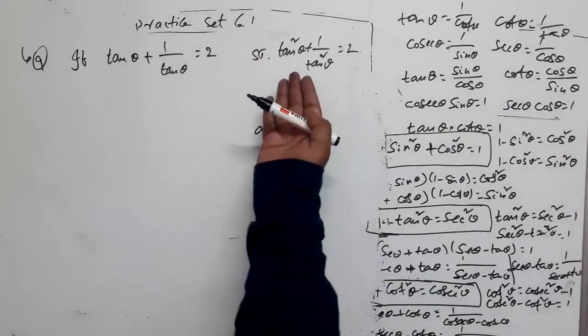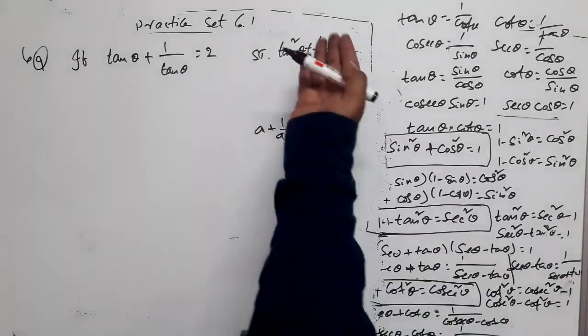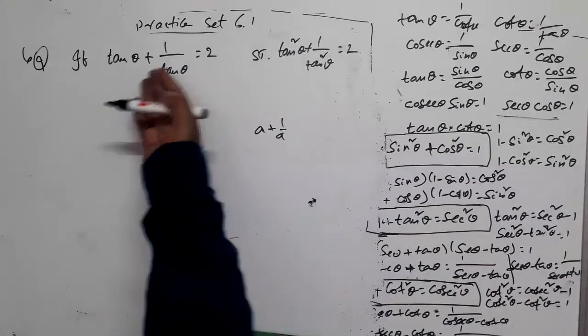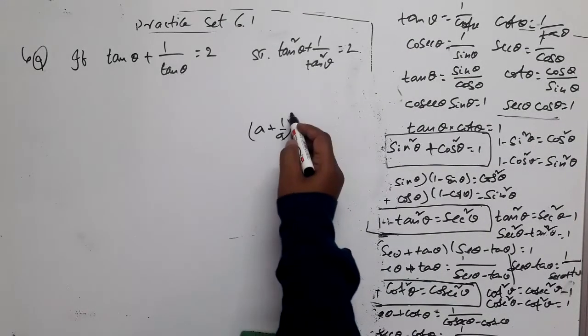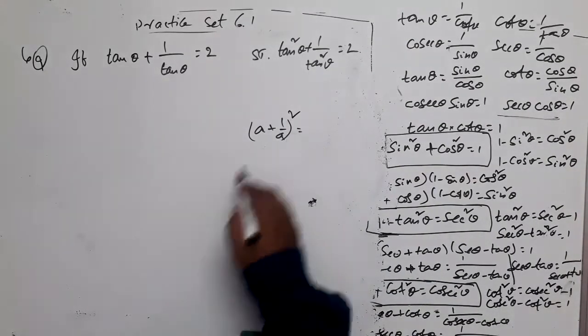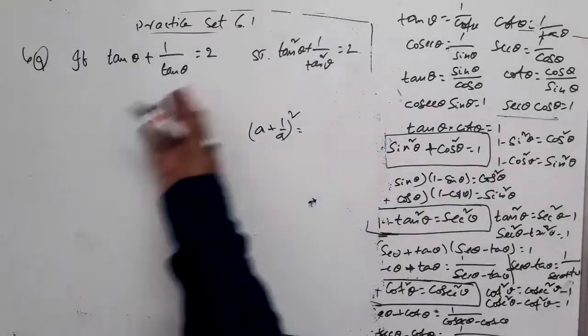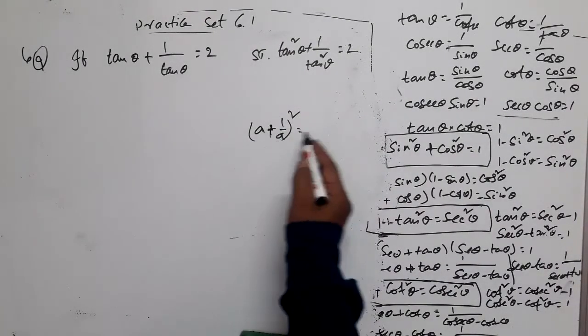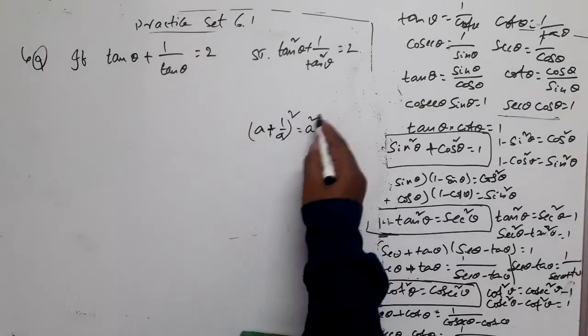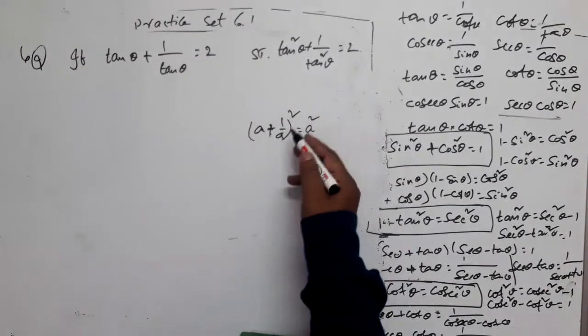Here, what you need is A square plus 1 by A square. If this is A, this is A square, right? So let us see, squares are involved. That's what we have observed. So A plus 1 by A whole square is there. How can I write? A plus B whole square form: A square plus B square plus 2AB.